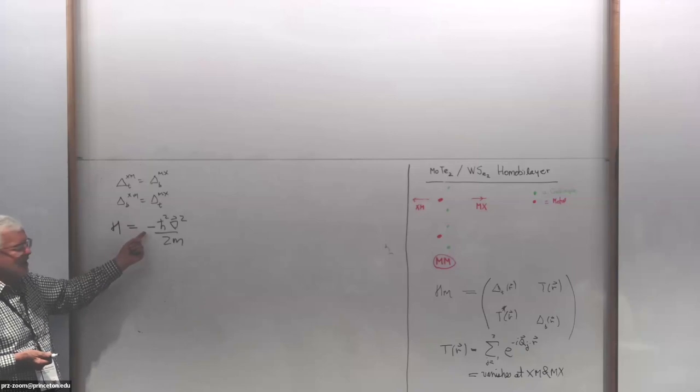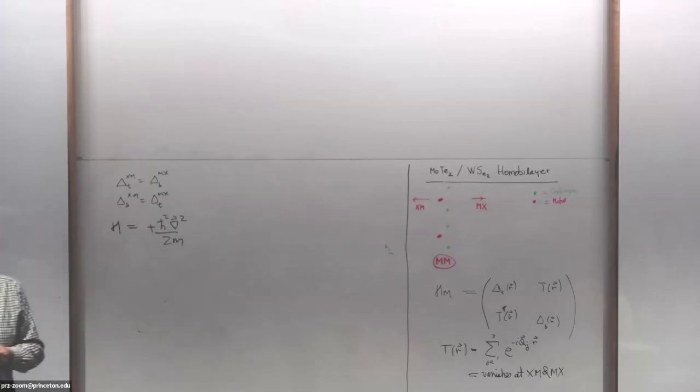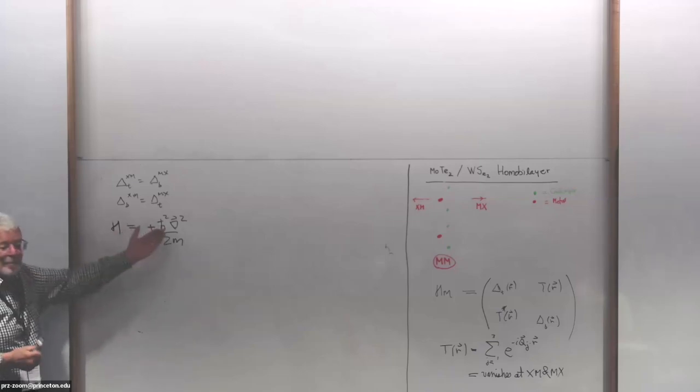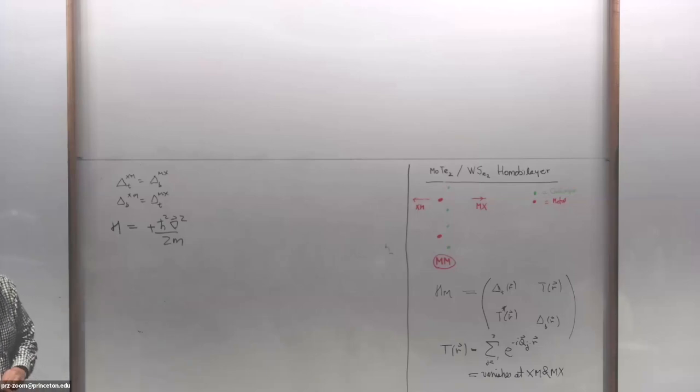Right, there's a minus sign here. I'll make this plus actually. So there's a minus sign compared to the usual kinetic energy, because this stays near the top of the valence band. So they go down when they have finite momentum.